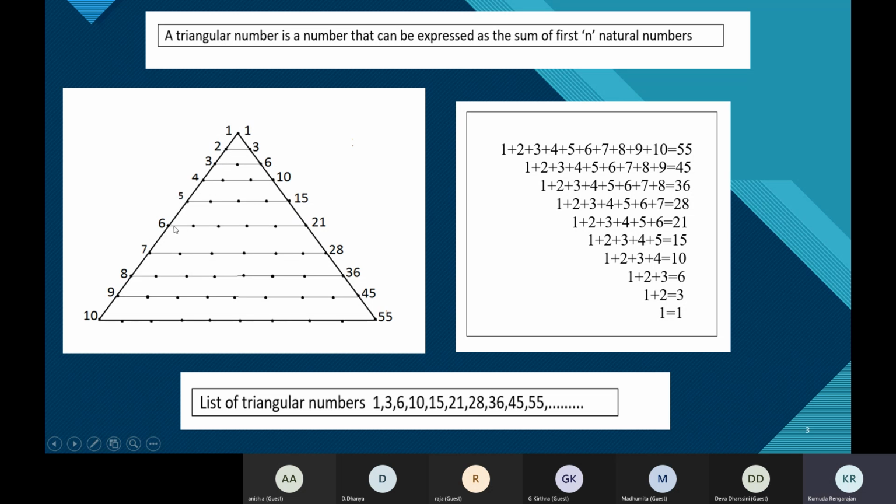So all taken together makes a triangle. And the triangular number formed is 21. The sum of the first 6 natural numbers is 21, and 21 is a triangular number. Just take a photo or a screenshot, children.